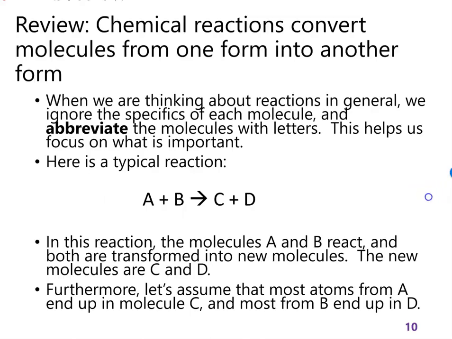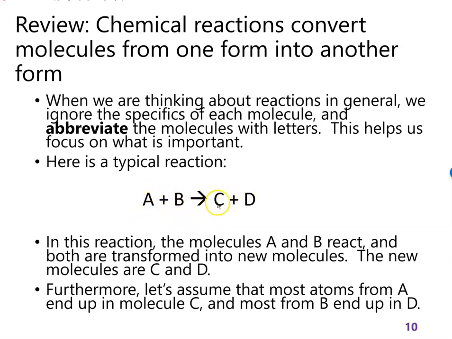So let's keep going. Okay, what is a chemical reaction? Well, in a chemical reaction, two or more molecules interact in a way that changes them into different molecules. So we're going to keep looking at this example.